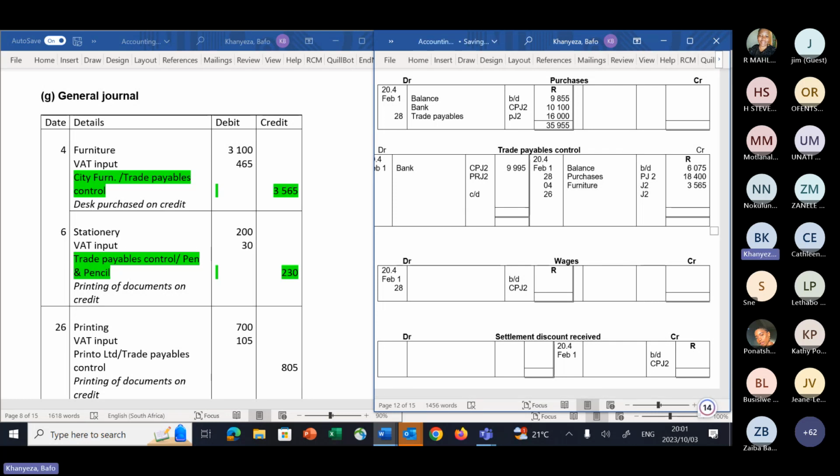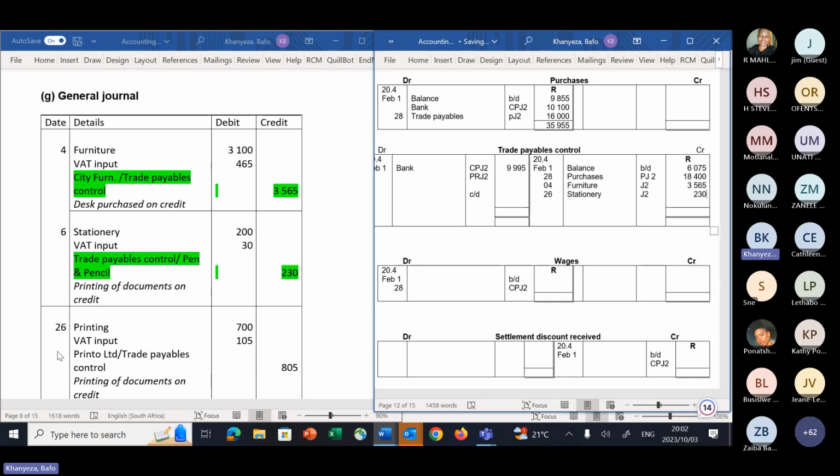So we're gonna have stationery of 230. So the contra account is stationery. And also at your own convenience, you can look at these things in your own time, when you have time to digest everything.